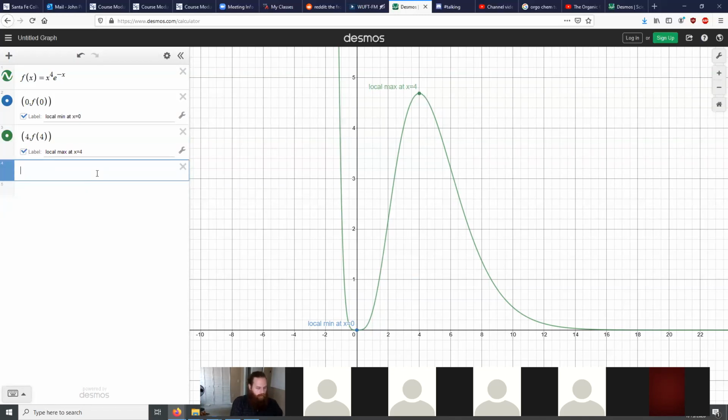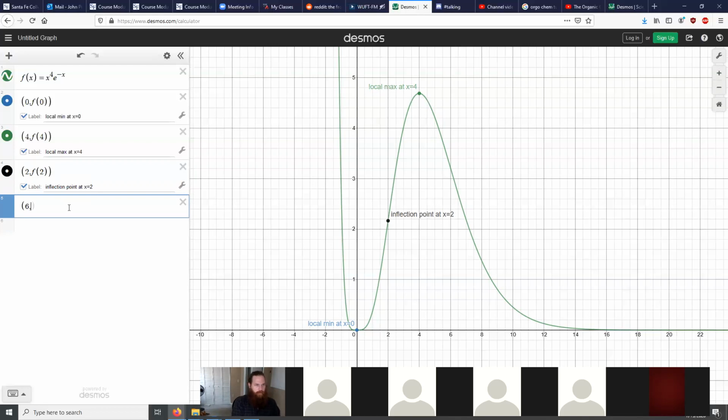We said 2 is the location of an inflection point because f double prime did change sign there. And we had another inflection point at 6. You see here, we're concave down, but we transition back to being concave up over here.